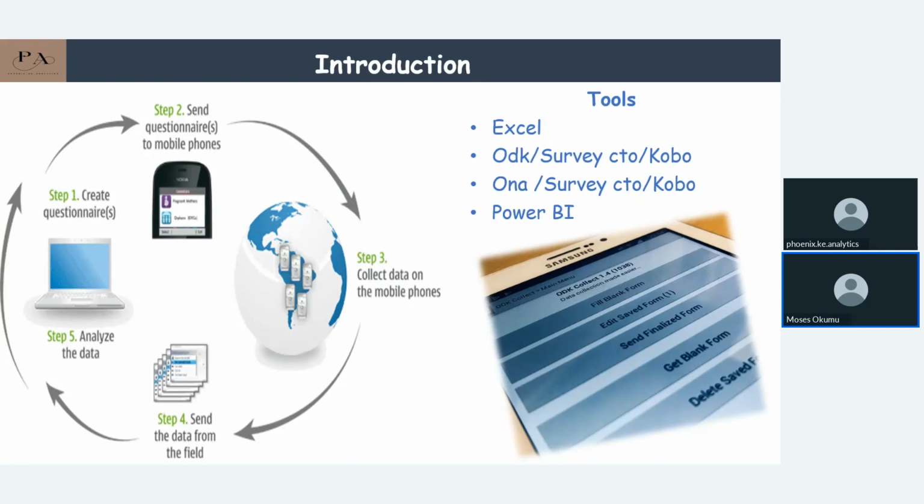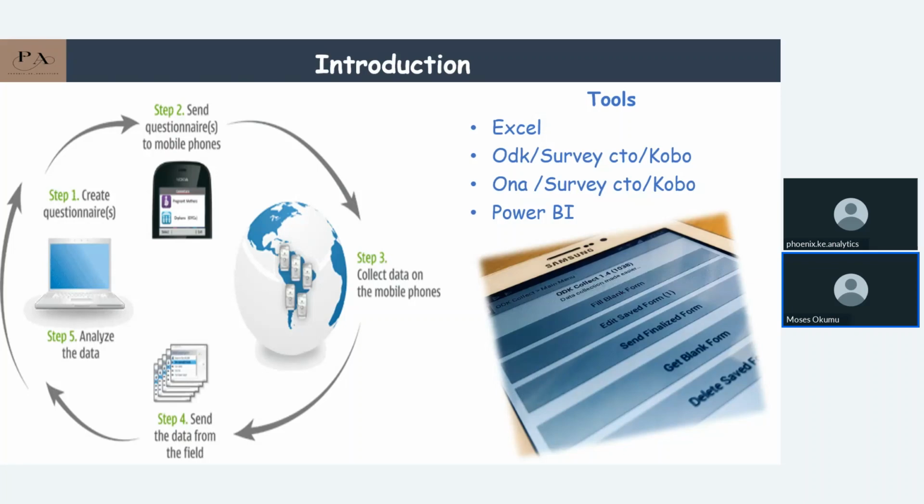So we will use three tools. The first one will be Excel, and if you see XLS, by default, we are talking about Excel. The second one will be an ODK app, or SurveyCTO, or Kobo Collect app, the one that you prefer. For me, I prefer ODK, and that's the one that we'll be using practically.